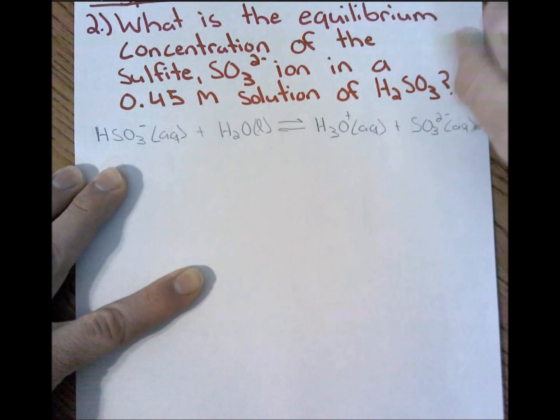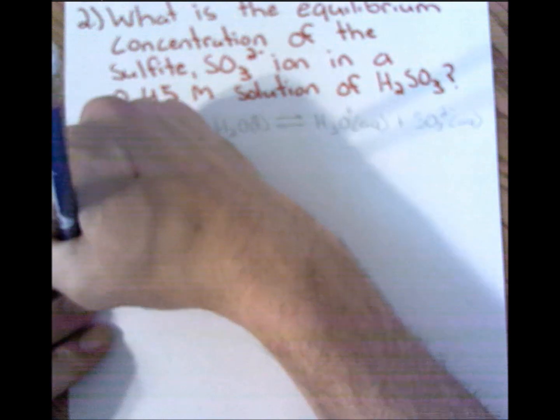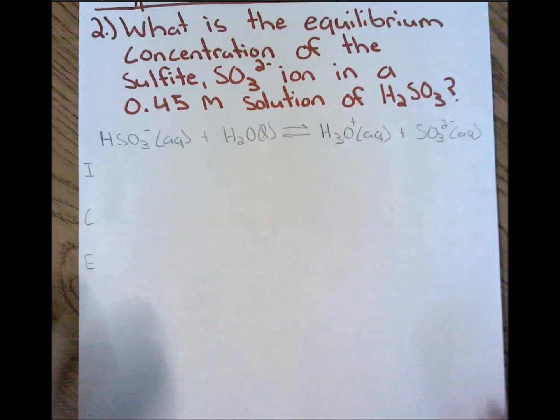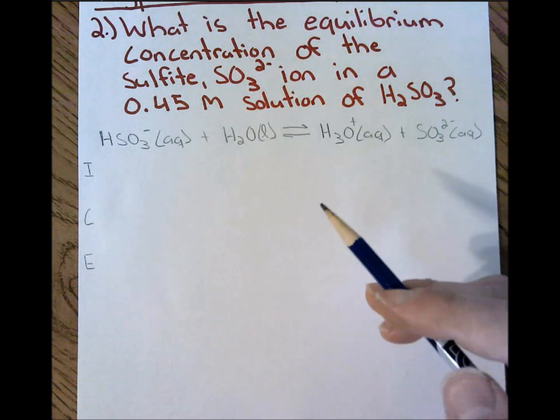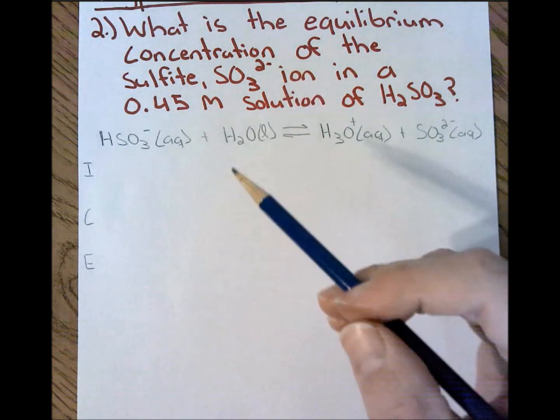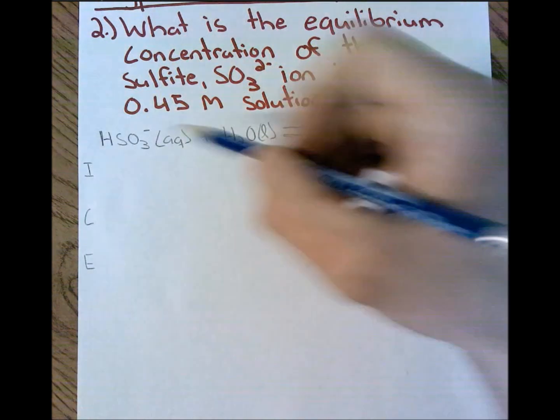So from that previous page, remember the value of HSO3, which was also equal to X, and this is from previous calculations, was 0.079 molar. Now we don't need to worry about water.